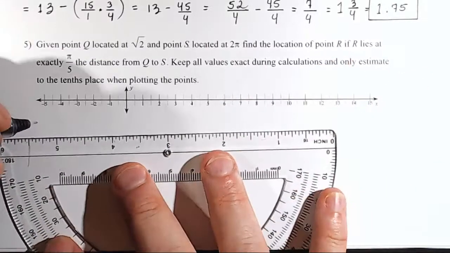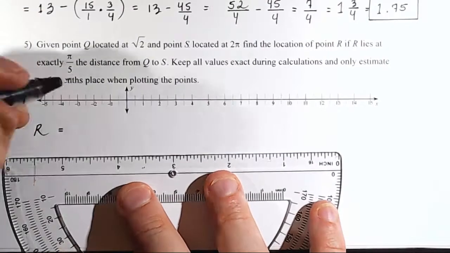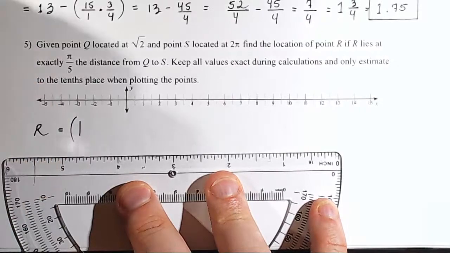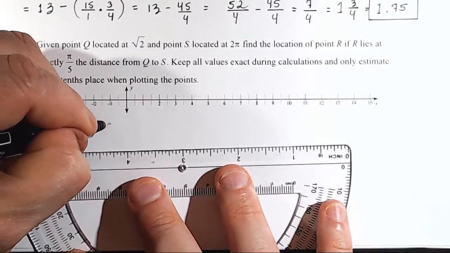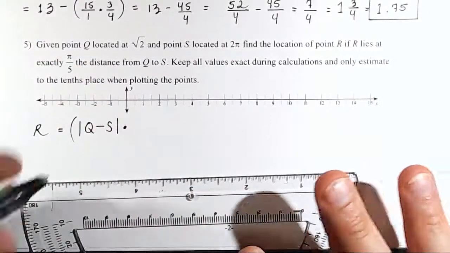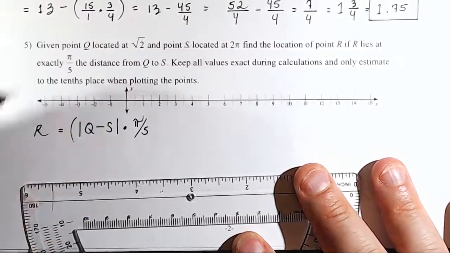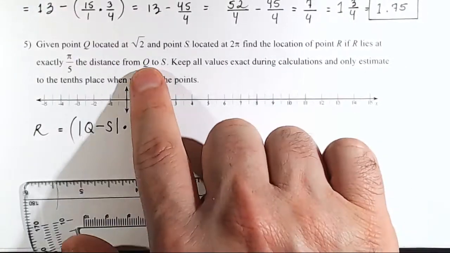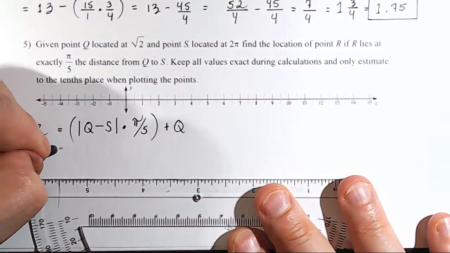We want point R, and that's going to be equal to, open parentheses, the absolute difference between Q and S, just like that, times the fraction, which in this case is going to be pi over 5. Okay? And then we'll add that back. We're going from Q to S, so we'll add that back to point Q. So here's what the problem looks like when we substitute in the values.